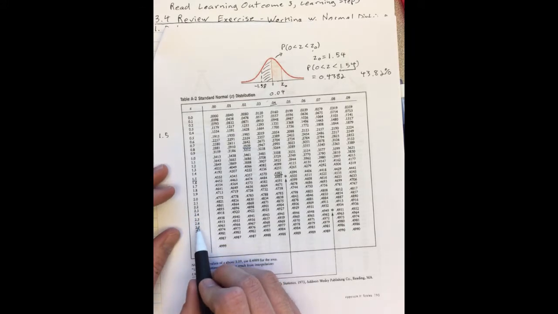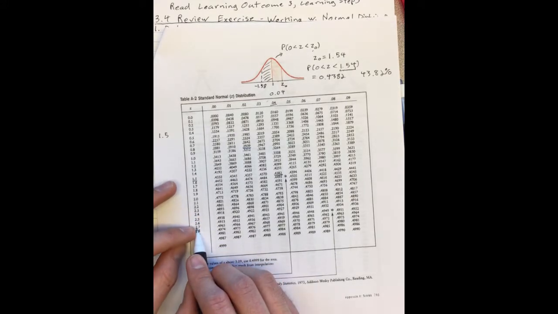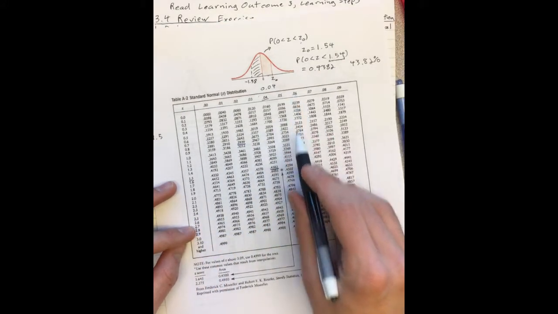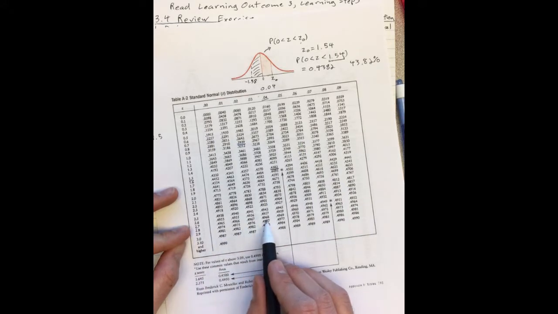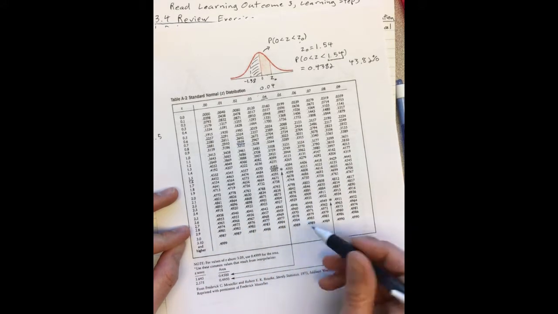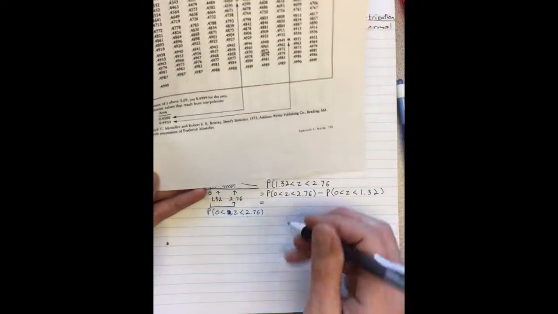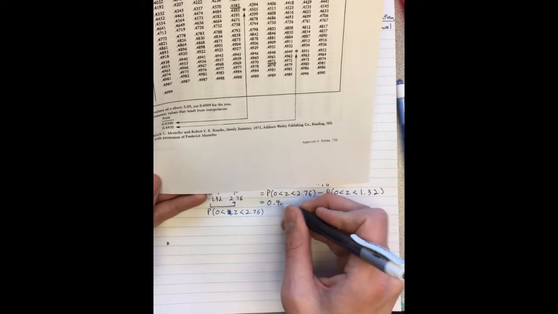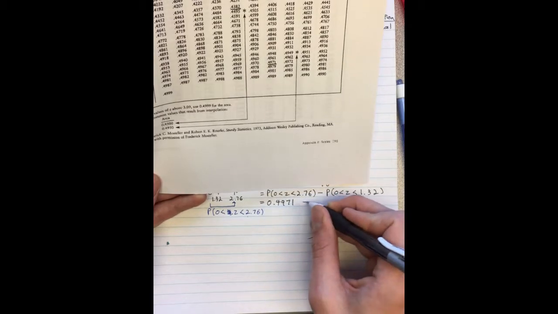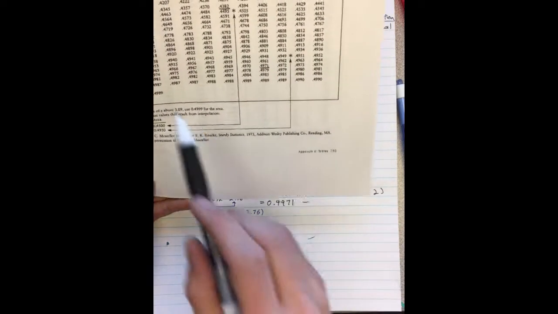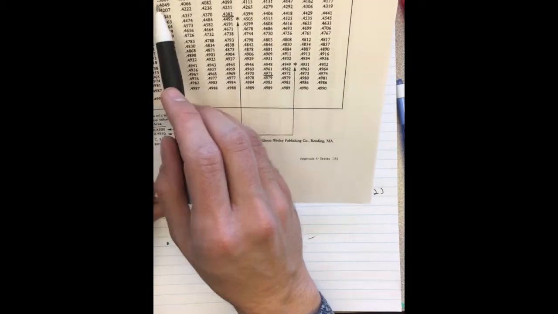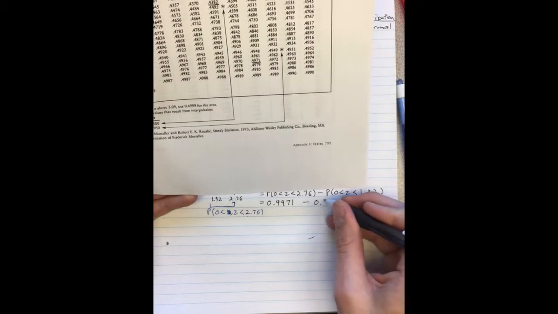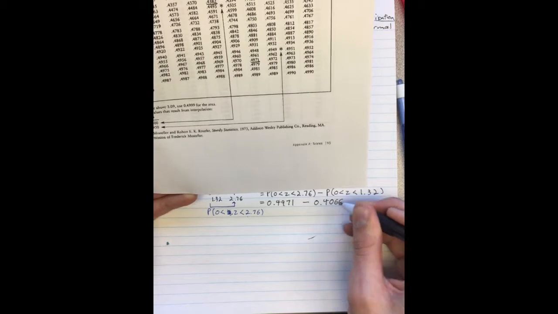So now we can look this up. For 2.76, 2.7 is right here and 0.6 is right here. Let me make sure I get this the right way. So I get 0.4971 right here, and then down here for 1.32, 1.3 and 2, I get 0.4066.